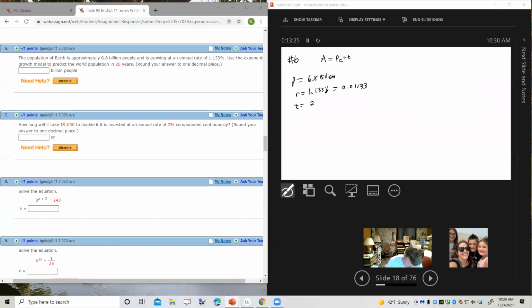Time is 20 years. So A equals 6.8 times e to the 0.01133 times 20. Okay, and this is in billions.